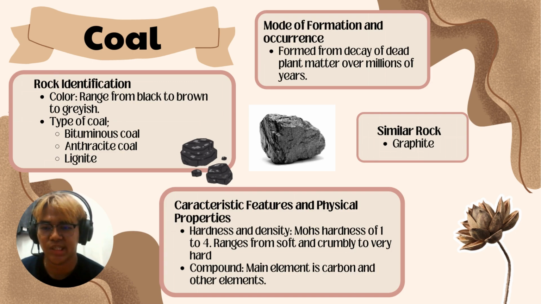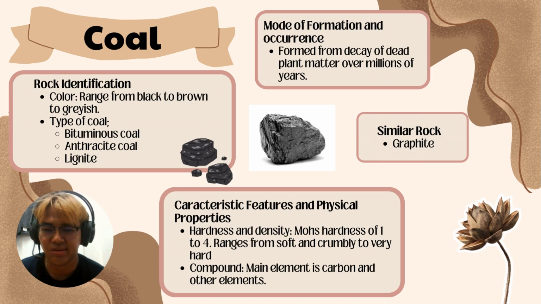For mode of formation and occurrence, coal forms from the decay of dead plant matter over millions of years. Initially, this organic material accumulates as peat in wetlands. With deep burial and pressure, peat transforms into coal seams within rock layers.